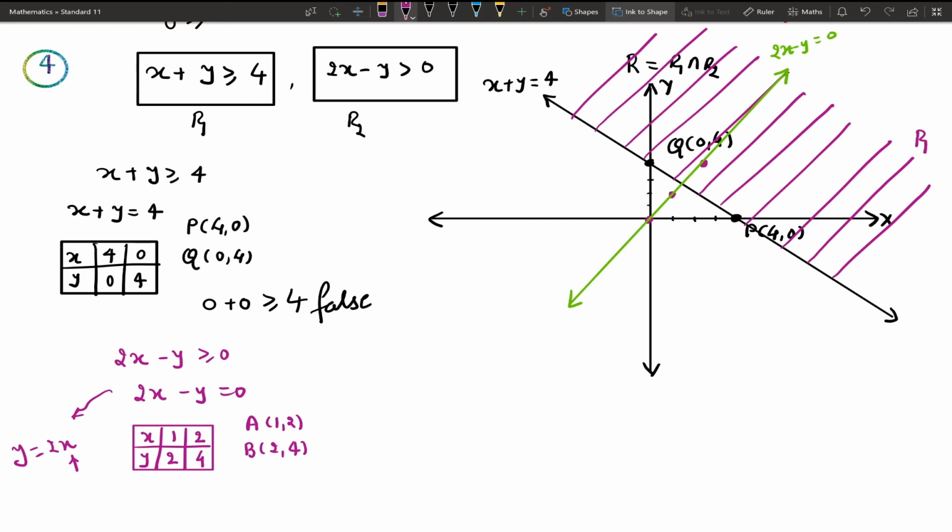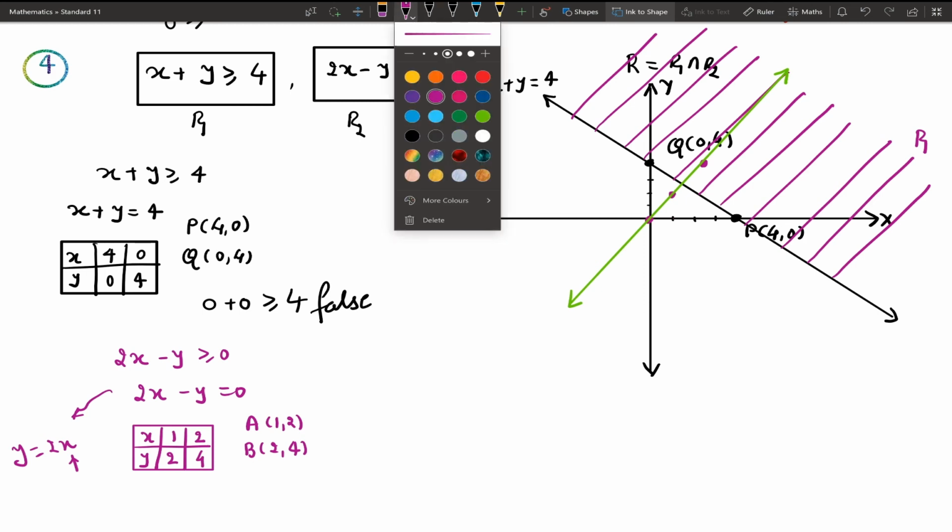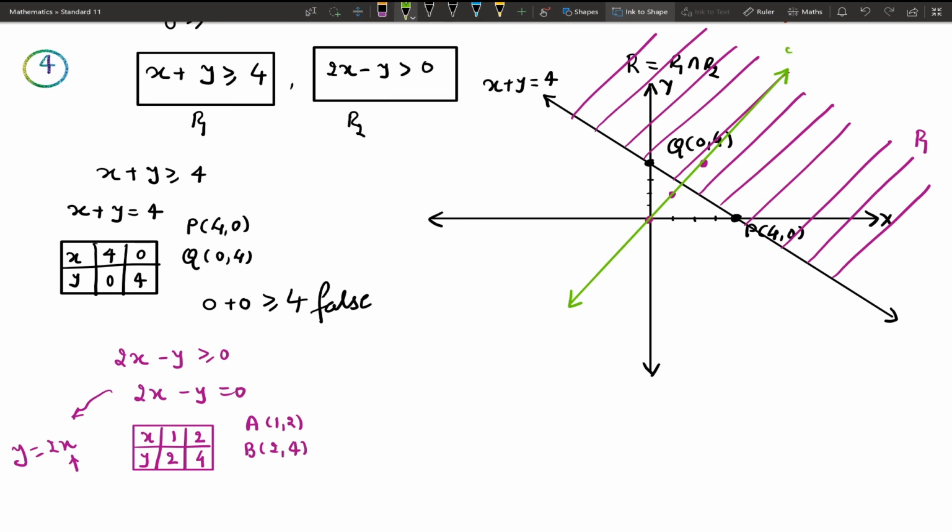Now 2x minus y equal to 0. We will not verify by the origin, since the line passes through the origin. Here, after 4 comma 0, there will be some point. Suppose we denote the next point by T (5, 0). Now the inequality is 2x minus y greater than 0.